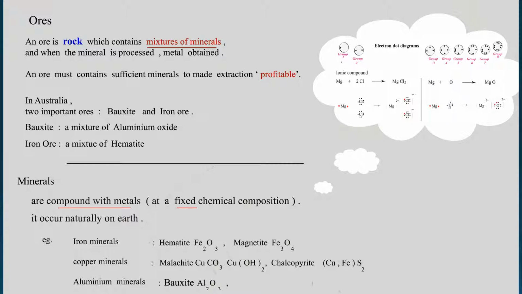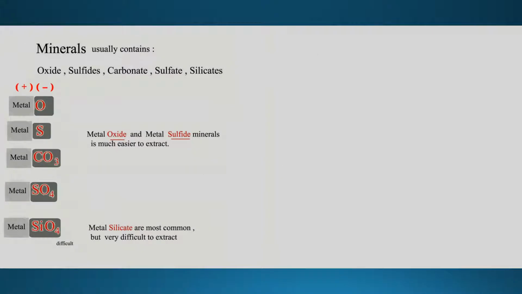Now I'm going to go further about mineral. Minerals usually contain oxide, sulfide, carbonate, sulfate, silicate. Look at mineral. Mineral is a positive metal and a negative non-metal: non-metal oxide, non-metal sulfide, non-metal carbonate, non-metal sulfate, non-metal silicate.